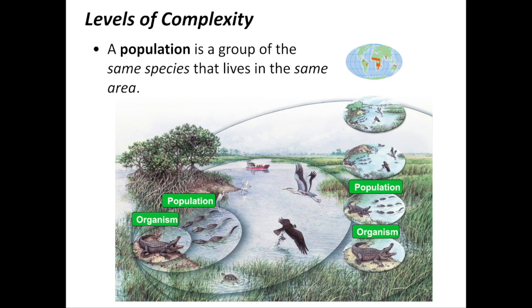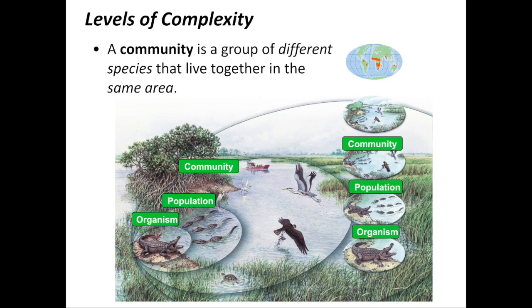So here's our population. And then that organism is living in a population, but they're not living all on their own. They're interacting with other species that live together in the same area. So we'll look at all of the living species there, and we'll call that a community.